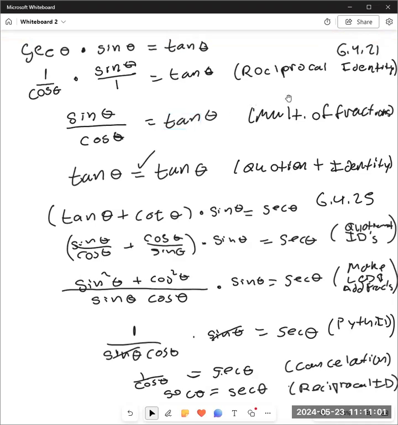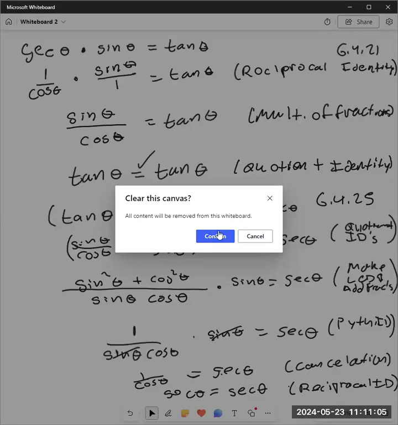Let's move on to the next problem here. Clear the canvas. We want to establish the identity that cotangent of u minus cosecant of u is equal to a negative sine u over 1 plus cosine u.